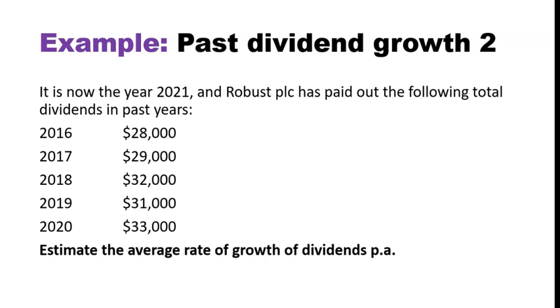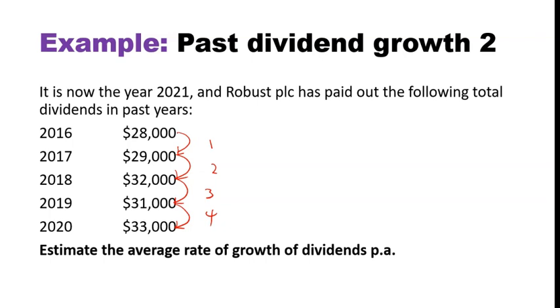Our n is going to be determined this way. From 2016 to 2017, that's 1. And here, that's 2. That's 3. That's 4. So our dividend has grown 4 times.